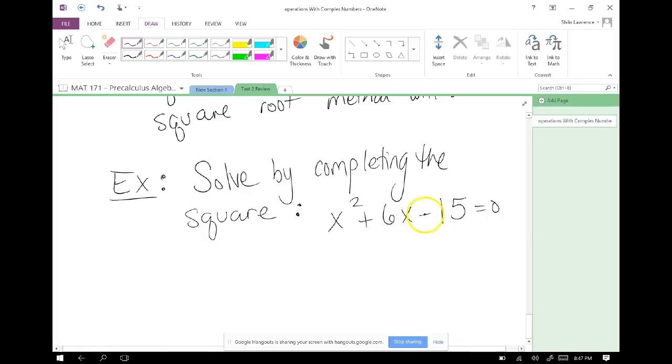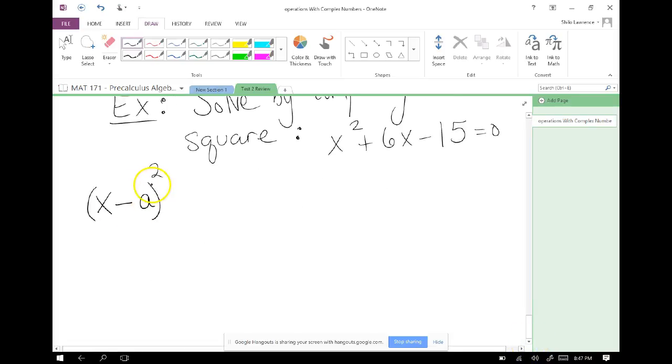So this is not a perfect square. A perfect square is one that you can factor to be x minus something squared. And if it's x minus a number squared, that means it's x minus something times x minus something. That's what squared means, is you're multiplying that same thing twice.